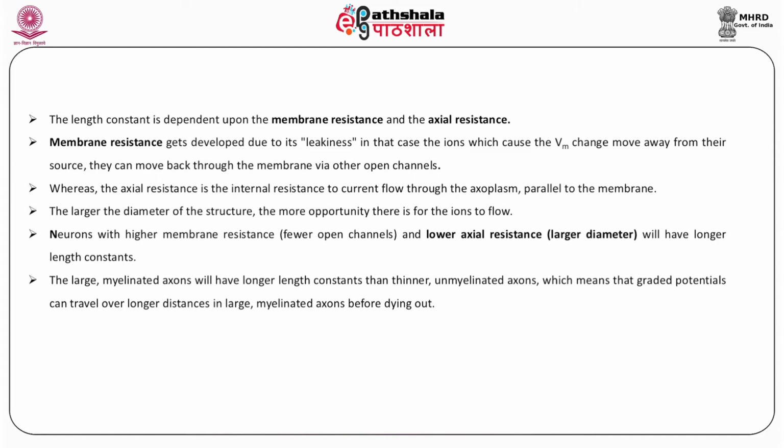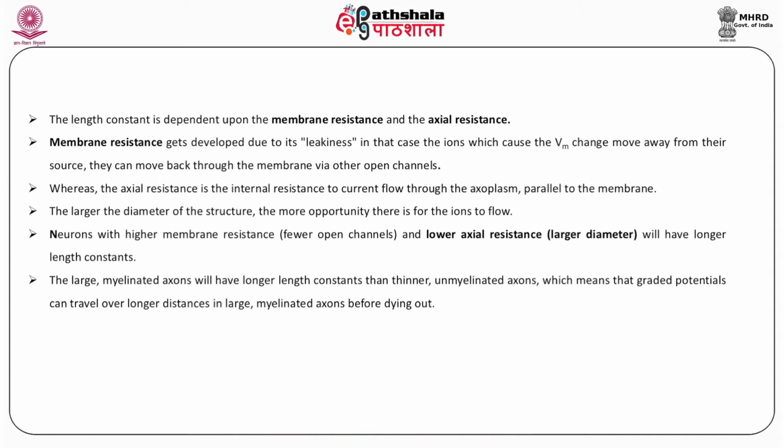Membrane resistance is developed due to the leakiness of the membrane, in which case the ions that cause the membrane potential change move away from their source. They can move back into the membrane via other open channels, whereas the axial resistance is the internal resistance to current flow through the cytoplasm, which is parallel to the membrane.